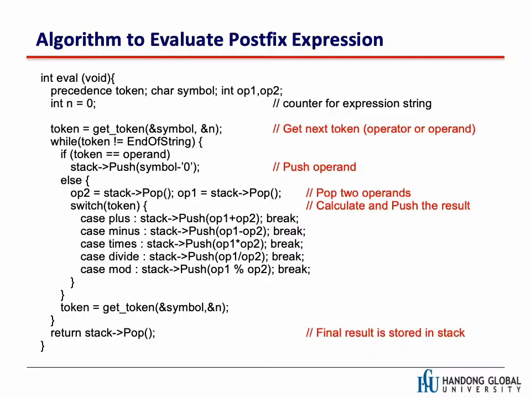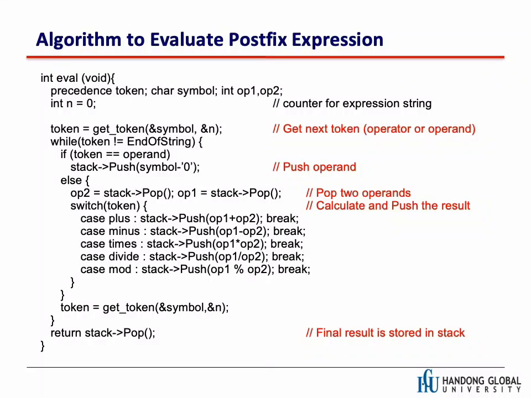In this expression op1 minus op2, if we change the order of op1 and op2, the result will be different, so don't change the order. If it is times, we multiply op1 and op2 and push. If it is divide, we evaluate op1 divided by op2, then we push. And if it is modular, we do basically the same thing.